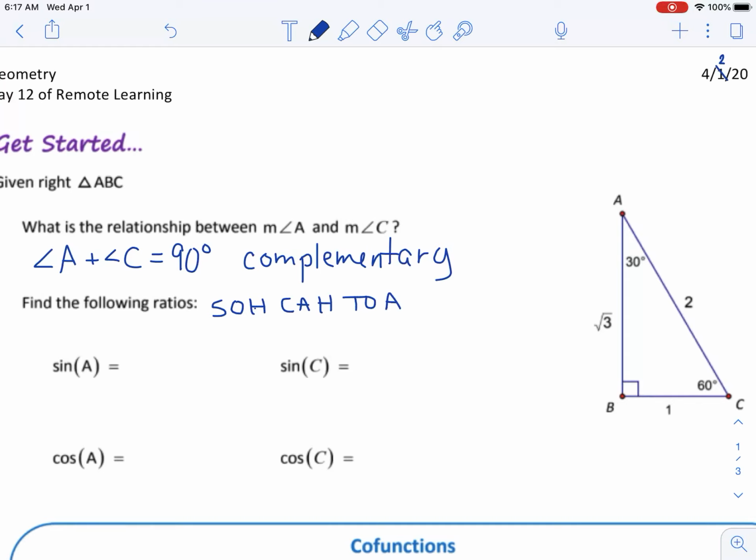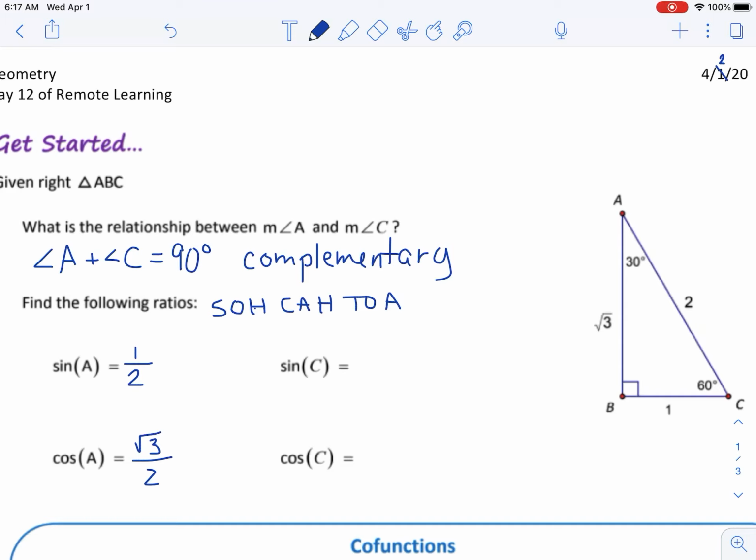So if I start with A, the opposite of angle A is 1, and the hypotenuse is 2. So the sine of A is 1/2. The cosine of A, the adjacent over the hypotenuse, is rad 3 over 2.